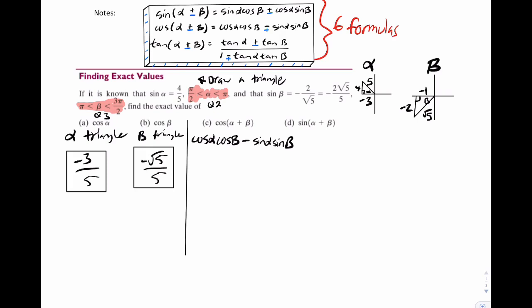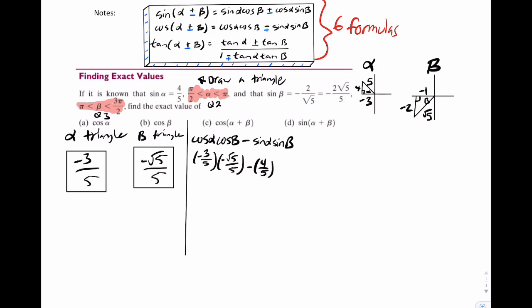Now once you've written the formula out, this is easy. Plug it in. Cosine alpha, that is -3 over 5. Cosine beta, that's -√5 over 5. Minus sine alpha. Look at the alpha triangle, sine alpha, that is 4 over 5.